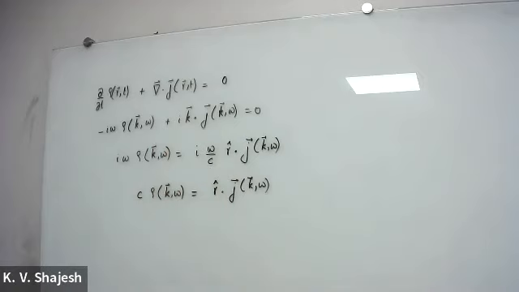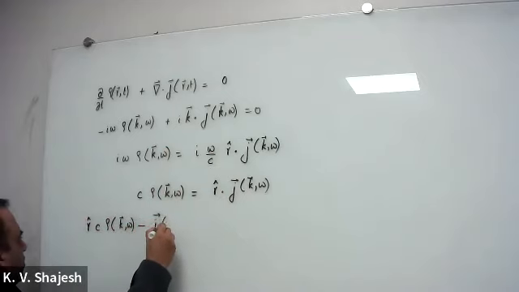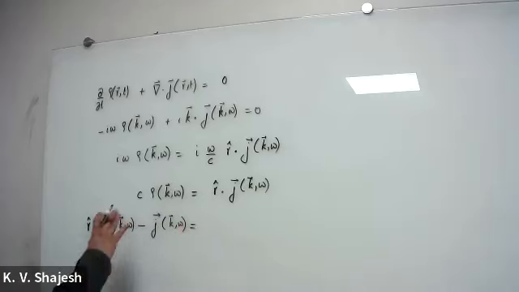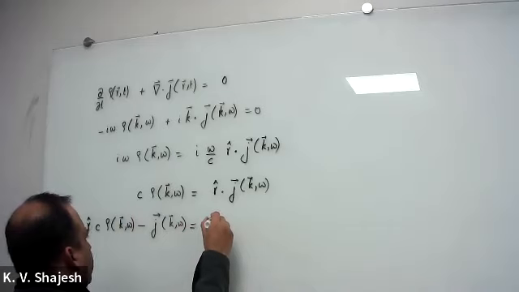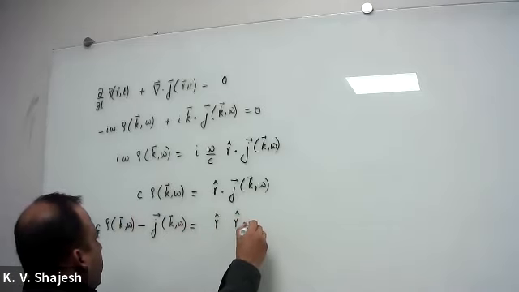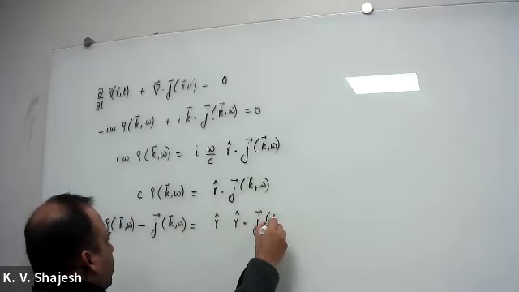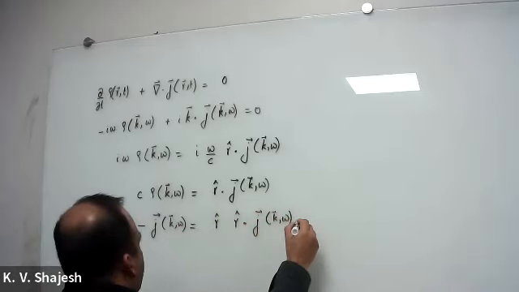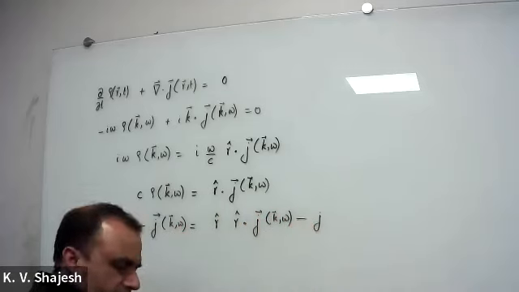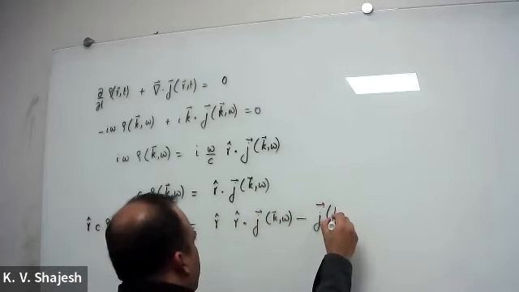And that would mean that what we have there in the expression for the electric field is r hat times c rho of k omega minus j of k omega, which, replacing this, is r hat times r hat dotted with j minus j of k omega.